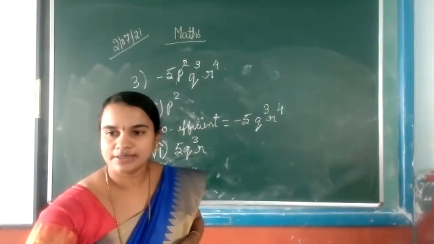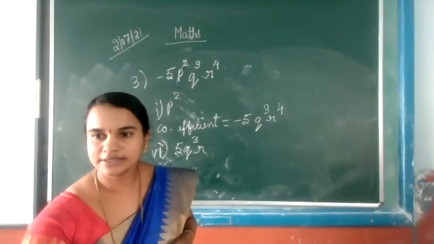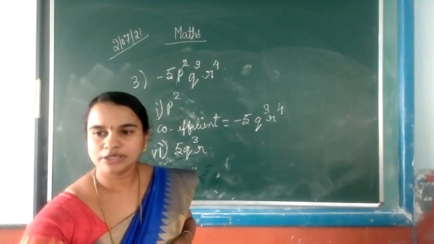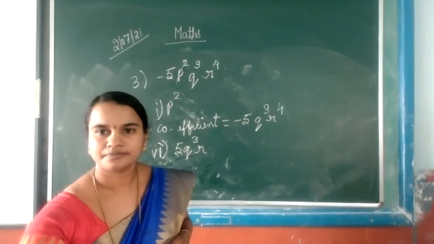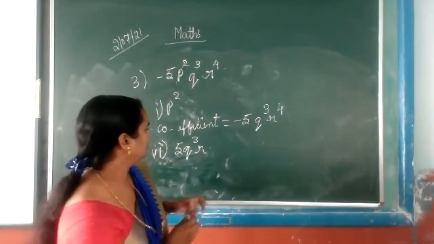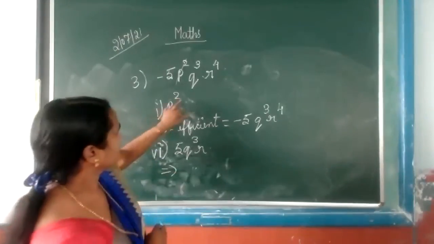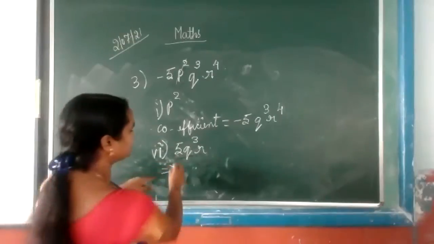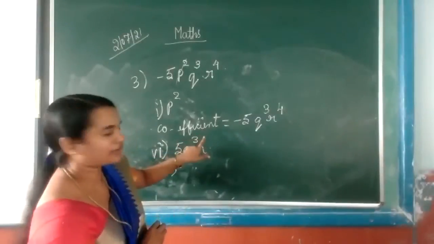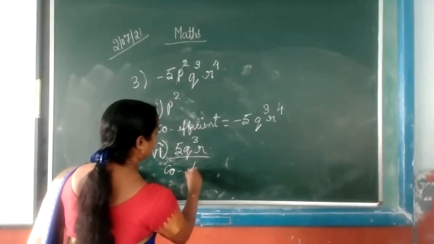To whom shall I ask? Any D section student? Anantraj, roll number 10. Miss, the answer is 5 by 9 is numerical coefficient. Sorry, the question is 5 q to the power 6 r. You have to write the coefficient now.